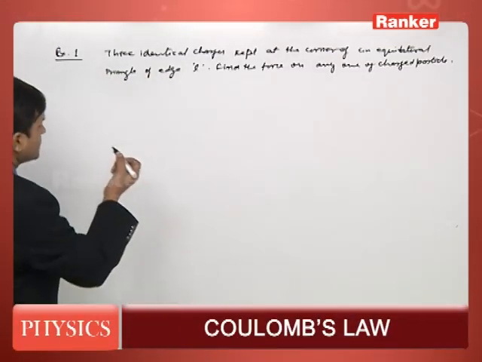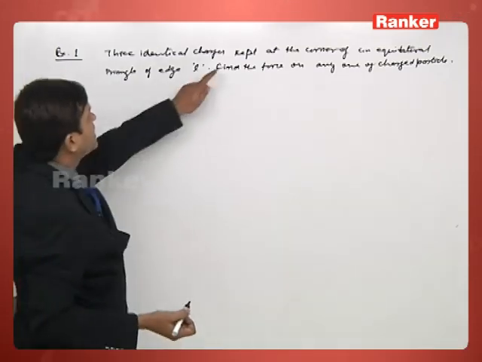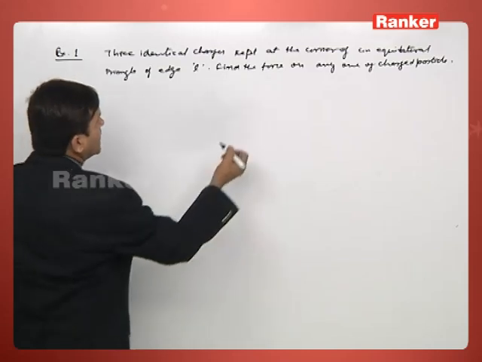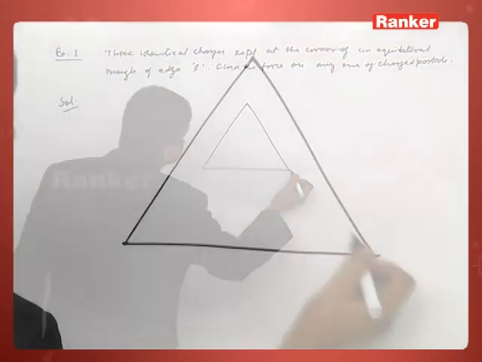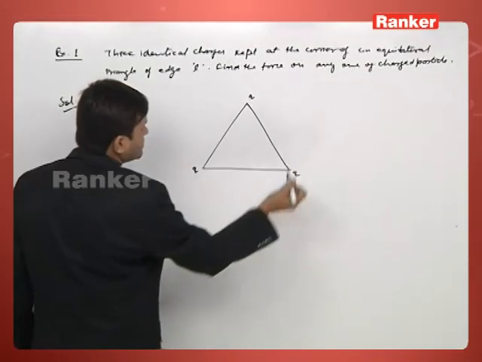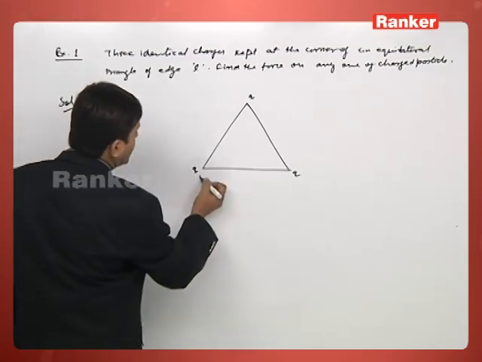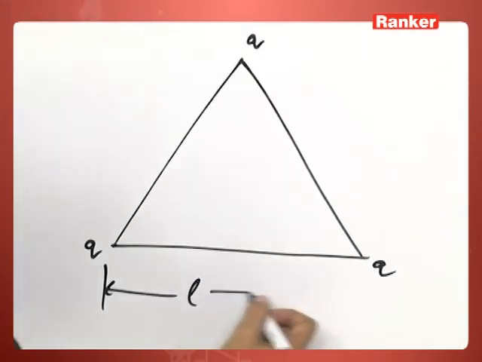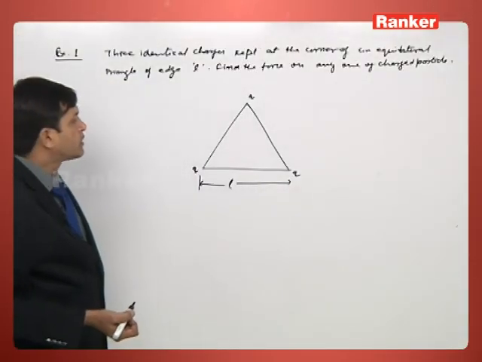According to the question, three charges are kept at the corners of an equilateral triangle. Let this be your equilateral triangle, with charges kept at the corners and each edge having side L.